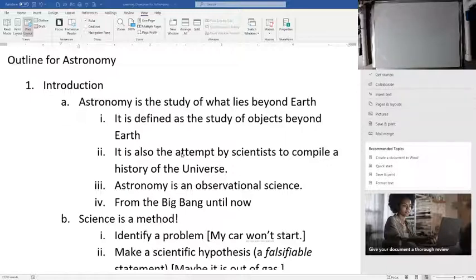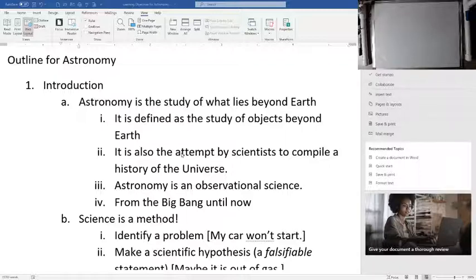Astronomy is an observational science. Most astronomers are using telescopes and things like that of one kind or another, and photography equipment. It's unlike lots of science where you can do it in a lab. You can dissect a cat or something like that and understand what goes on inside it. You can't dissect a planet, and you can't create planets, and so it's very difficult to study them other than to go look at them.